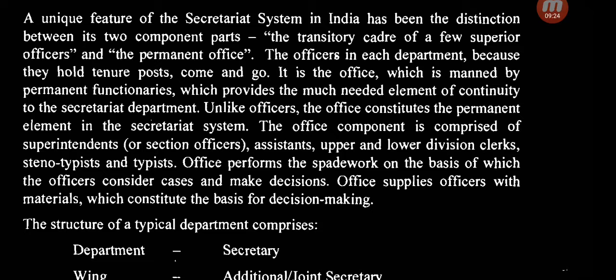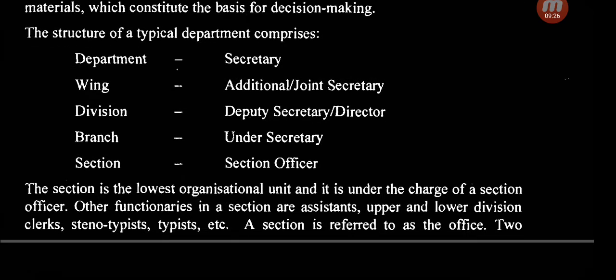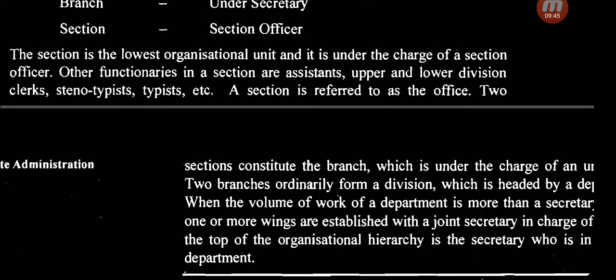The structure of a typical department comprises department, secretary, wing, additional or joint secretary, division, deputy secretary or director, branch, under secretary, section, section officer. The section is the lowest organizational unit and it is under the charge of a section officer. Other functionaries in a section are assistants, upper and lower division clerks, stenotypists, typists, etc.